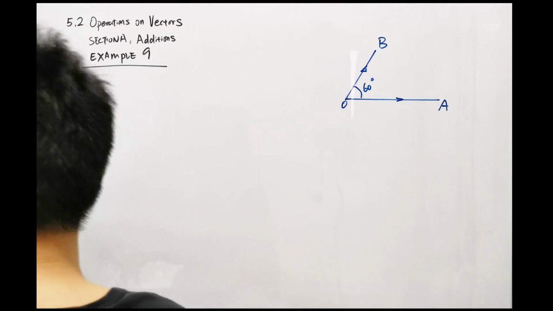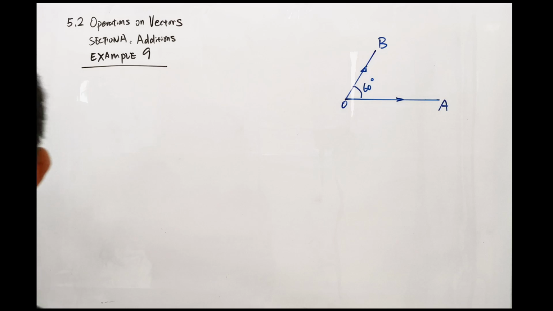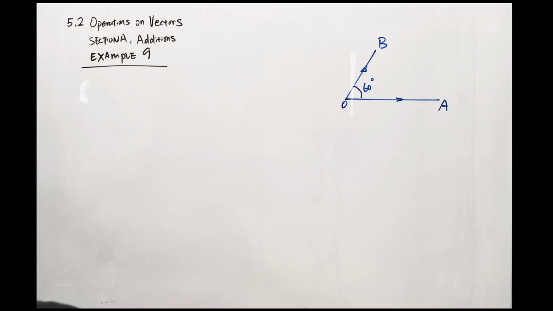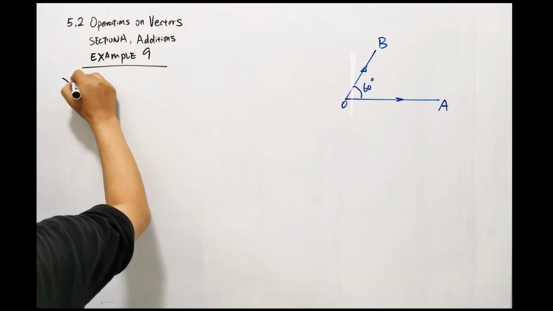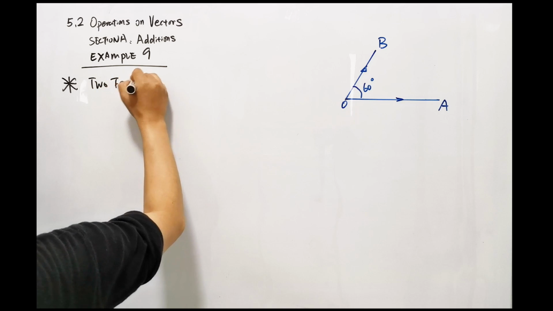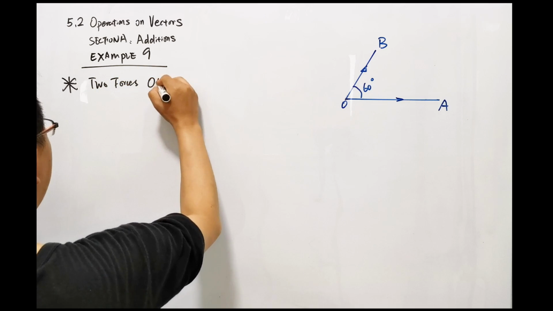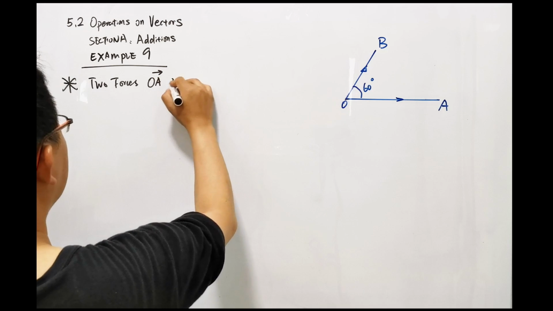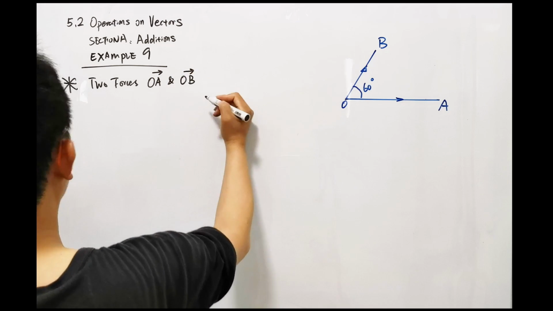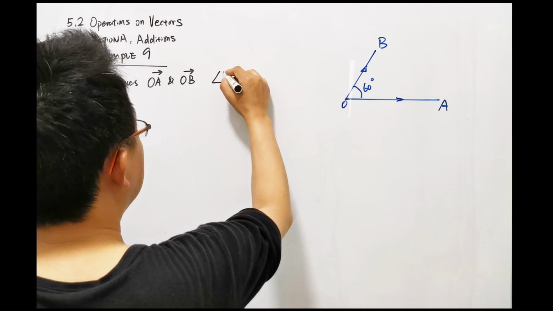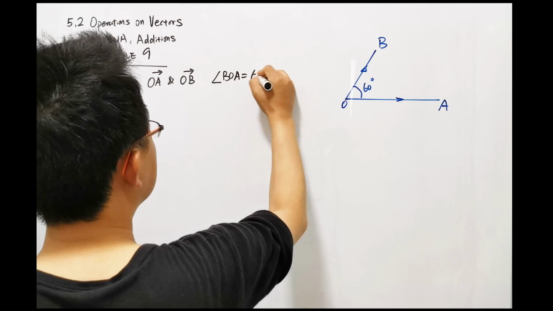In example 9, we have two forces, OA and OB. The angle BOA equals 60 degrees.